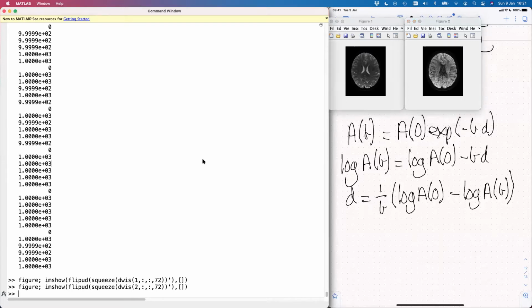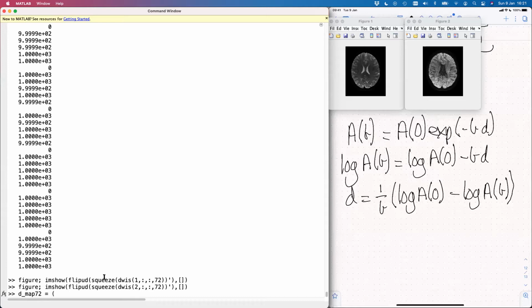Okay, so let's try then and use these two images to estimate a map of D over this same slice. So we can write D, let's call it D map 72 for slice 72. Simple formula then.